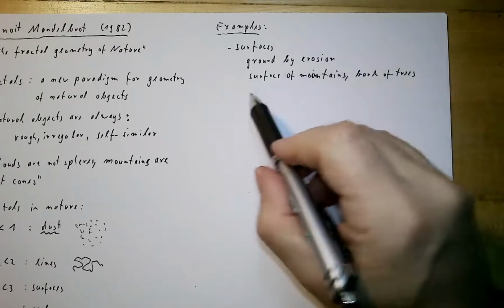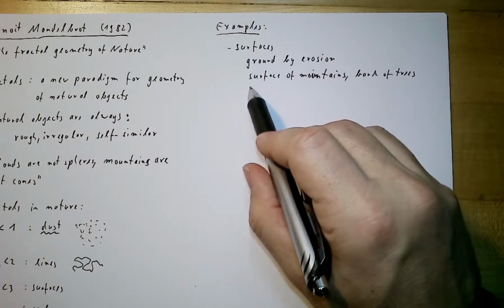If you zoom in on a surface, it will always be rough.